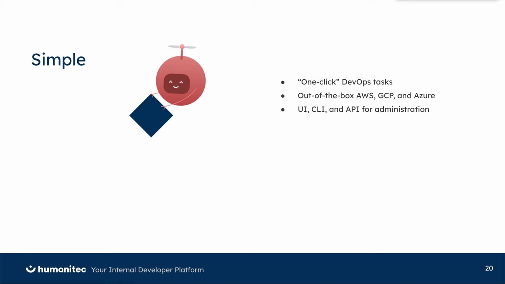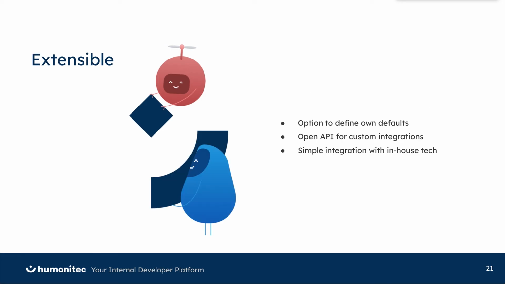So as well as being able to plug into, say, your AWS account, your GCP project, or Azure, you can make sure that things like databases are just able to be spun up in those environments as you need. We talk one click, but we also have a full UI. We have a CLI as well, and an API that you can use to automate any of these things as we go along.